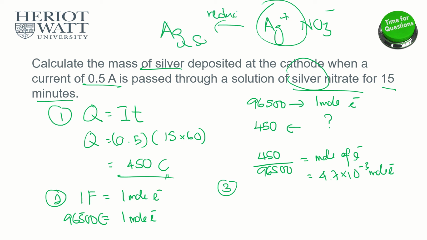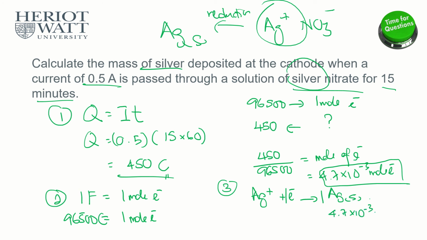This is a reduction, so we need to write the equation out. From Ag plus plus e minus, you get solid silver. Balanced? Yes, in terms of charge and in terms of element. So we have this amount of moles of electrons, and we can put it in. What is the ratio of electrons to silver? 1 to 1. So I expect the same moles of silver, 4.7 times 10 to the power of negative 3 moles of silver. Boom, right? 1 to 1 ratio.